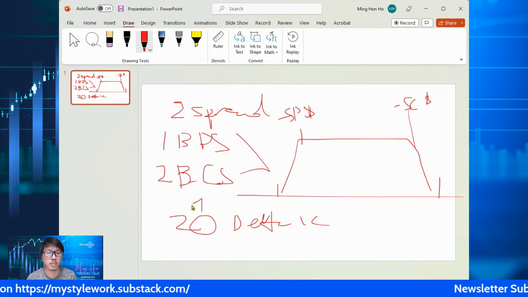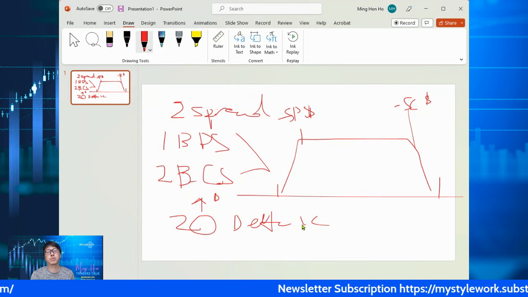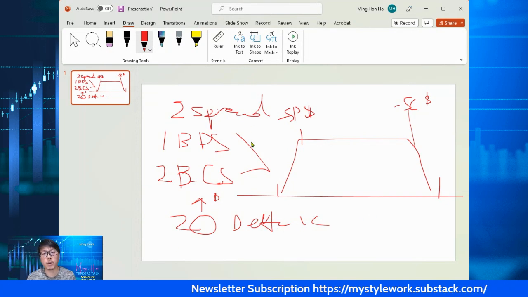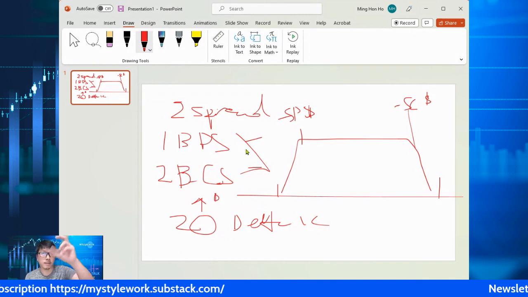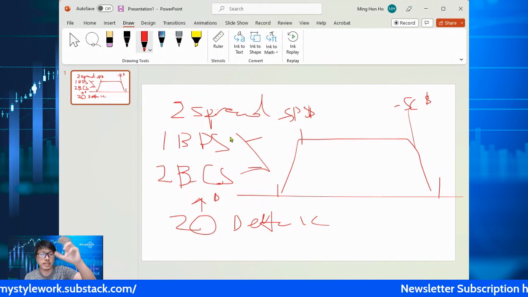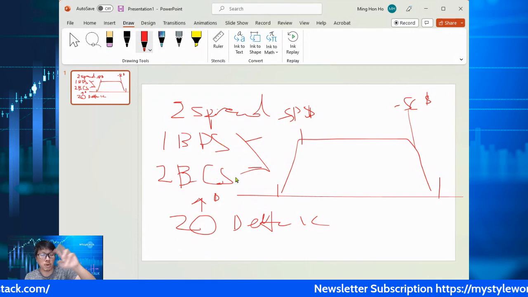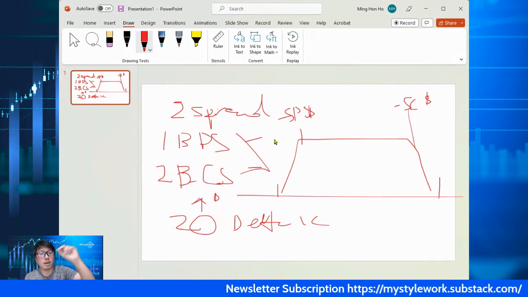Then you do a spread, $3 or $5, doesn't matter. When you do that, your bull put spread and your bear call spread would each have a delta. If you combine them, you would come out with a delta.